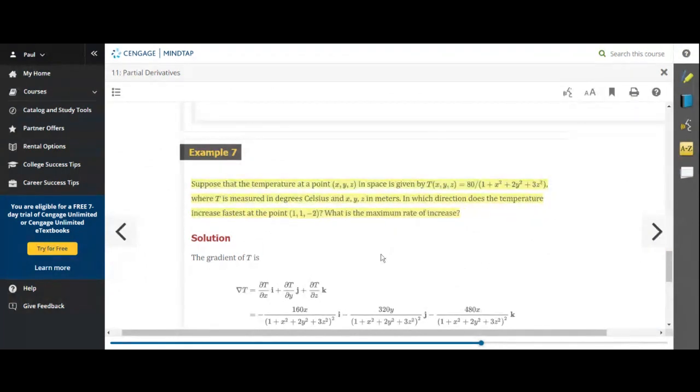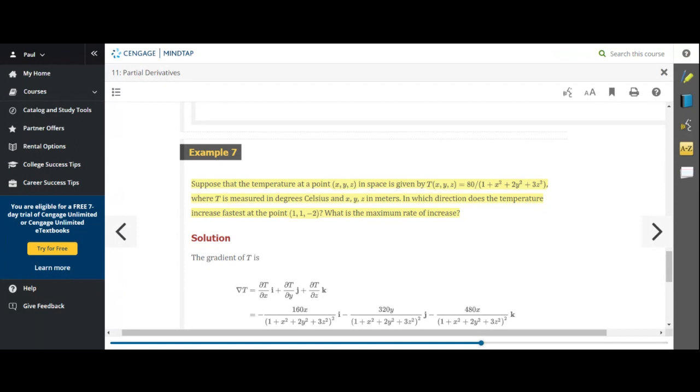Example 7. Suppose that the temperature at a point in space is given by that temperature function, where T is measured in degrees Celsius and x, y, and z in meters. In which direction does the temperature increase fastest at the point (1, 1, -2)?